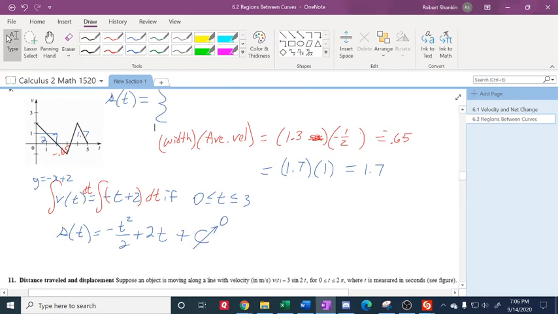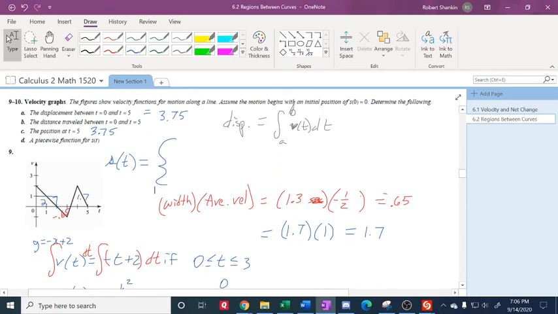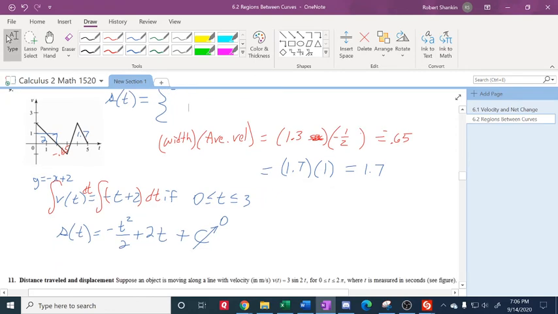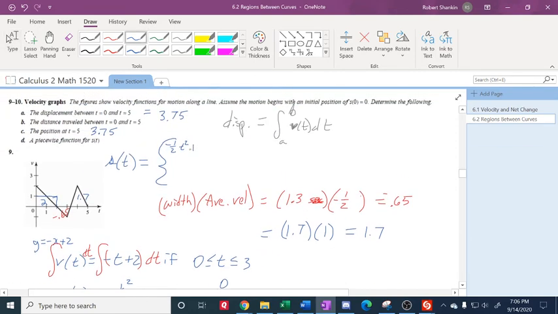The first part we just did: negative t squared over 2 plus 2t, if t is between 0 and 3, and then you're going to have something else for t between 3 and 4, and then something else for t between 4 and 5. And I'll leave the other parts to you all.